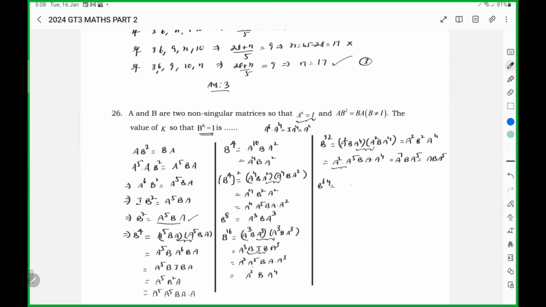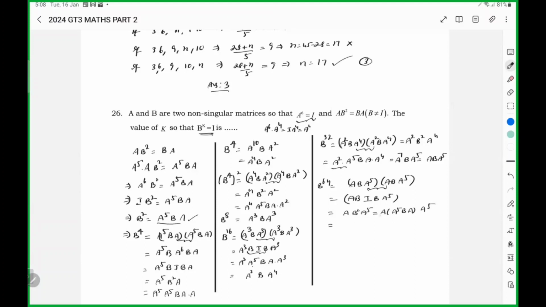B power 64 if I take, this we have to multiply 2 times, which is AB, A power 6 is identity. Here B square A power 5, B square is A power 5 BA into A power 5.